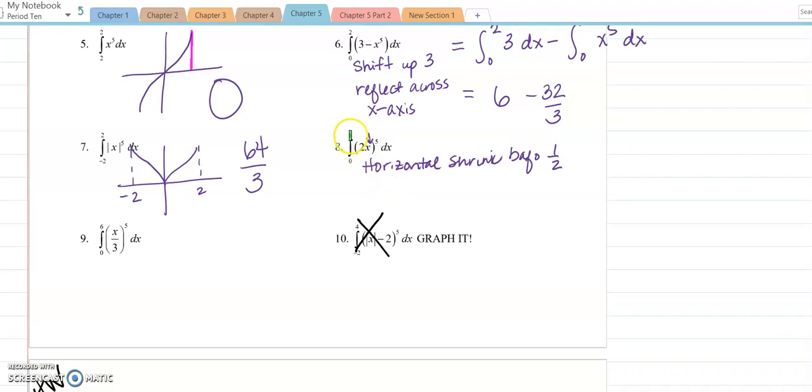And if you notice, your bounds are also half what they were. And so because of that, this is changing our area in only one dimension. I know it feels like you're seeing it twice, but it's actually only changing the one dimension. It's changing the horizontal dimension. Therefore, your area will be 1/2 times 32/3, or 16/3.